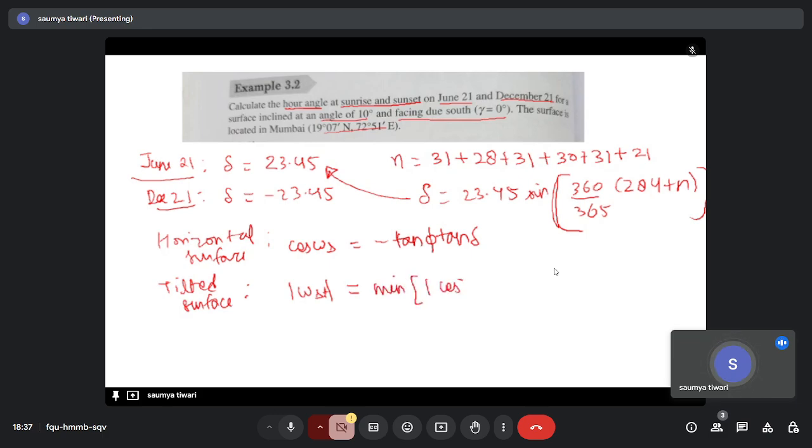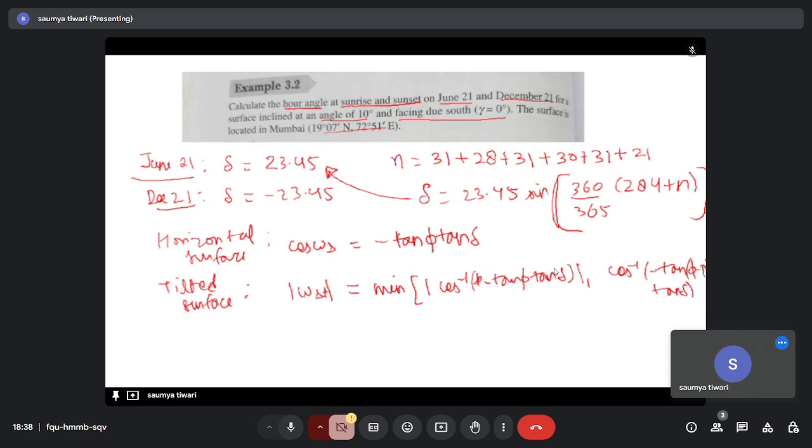So mod of cos inverse of minus tan phi tan delta, or cos inverse of minus tan of (phi minus beta) and tan delta.